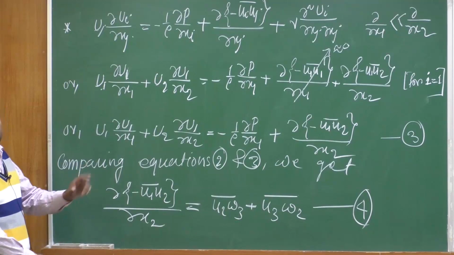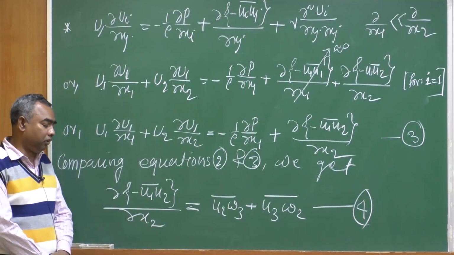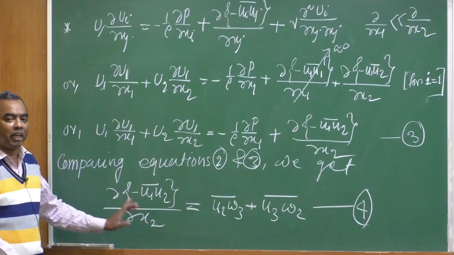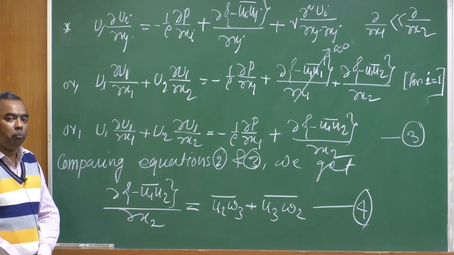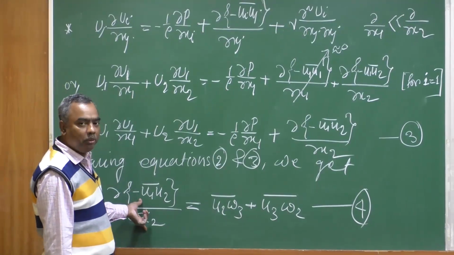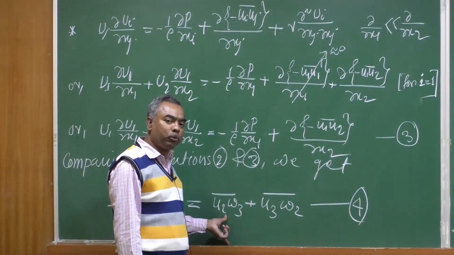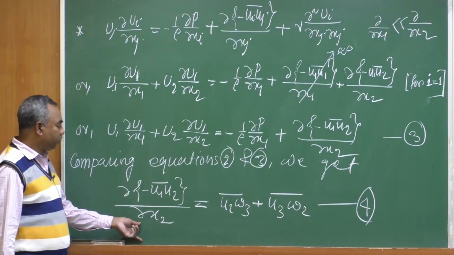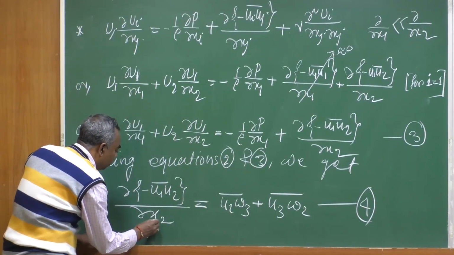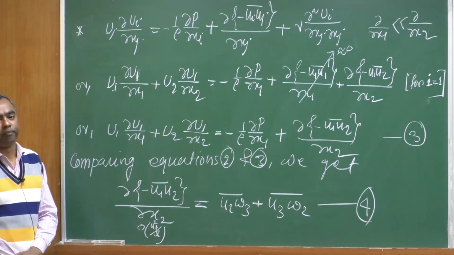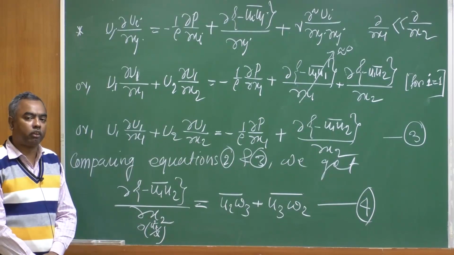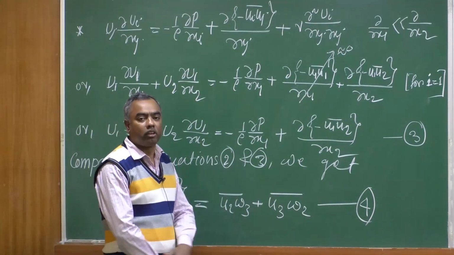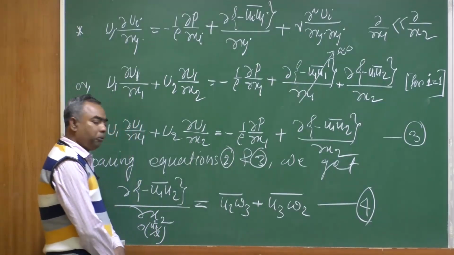If we consider the turbulence scale to be L, as in our previous considerations, then the order of this term is u_t square by L. Since the order of this term is u_t square by L, the order of this term should also be u_t square by L, and this term also should be u_t square by L, if the variation in the cross stream direction scales with this L.